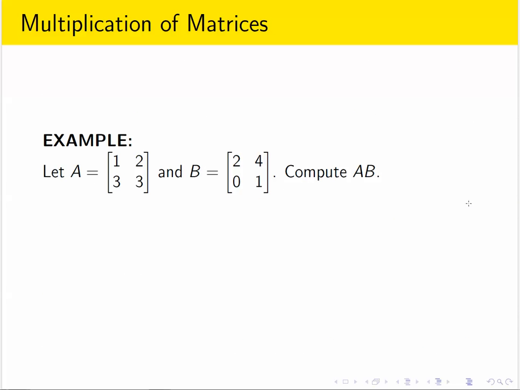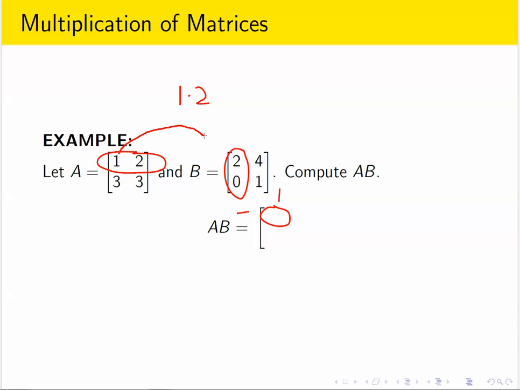Let's say we have this A and this B, and we want to compute A times B. Well, let's say we want to calculate the entry that would go right here. Where is that entry in the product? It's in its first row and its first column. So I take the first row of A and I take the first column of B. And I think of those as lists of numbers. So from A, the first number in the list is the number 1. And then from B, the first number in the list is the number 2.